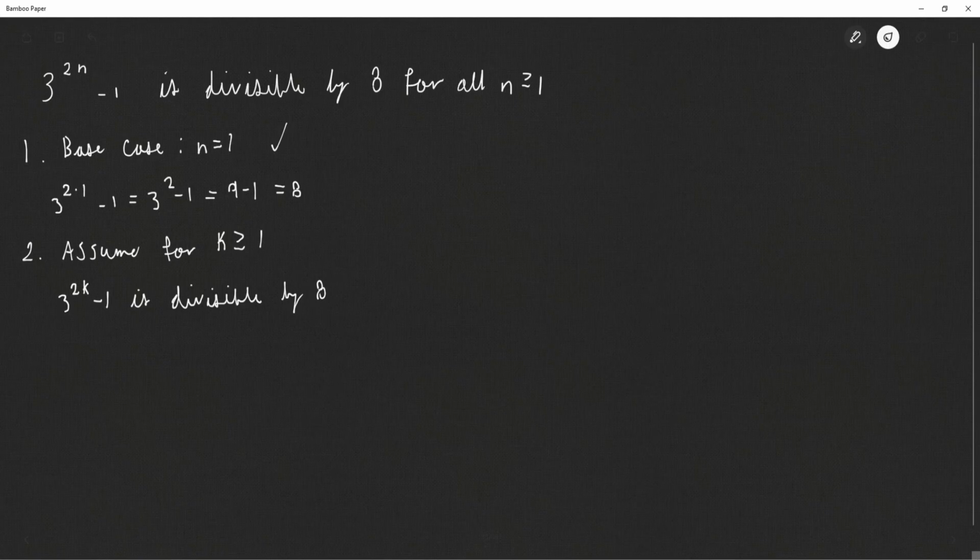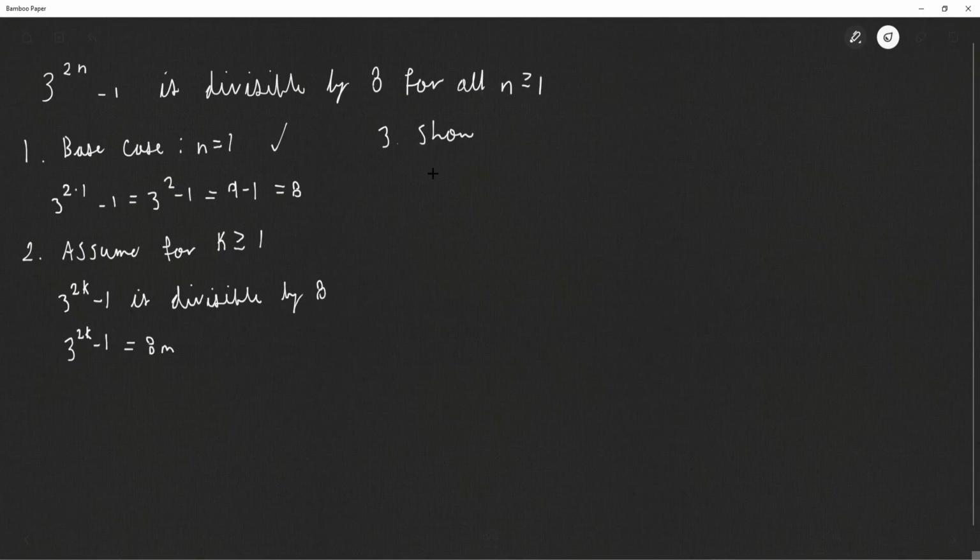And we're going to have an integer m such that 3 to the power of 2k minus 1 is equal to 8m, because 8 multiplied by m still means that that number is going to be divisible by 8.